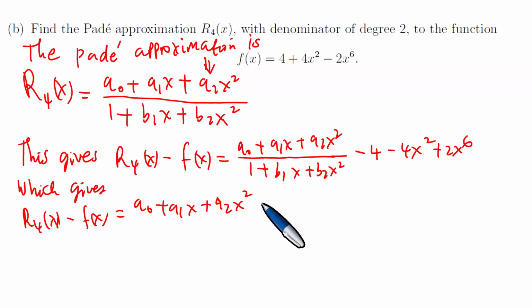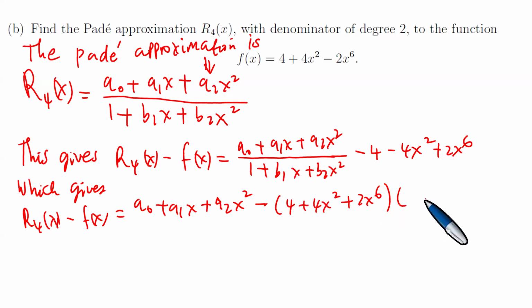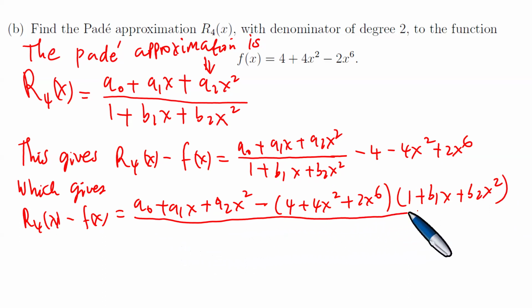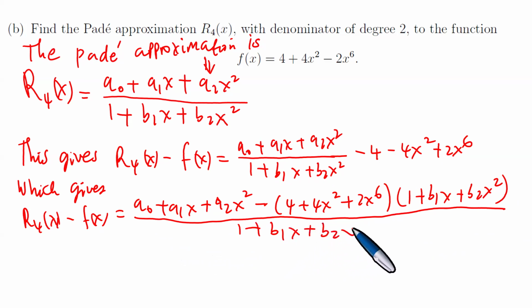If need be, can put a minus like this, 4 plus 4x squared minus 2x to the 6th power, multiplied by the denominator, taking the LCD, which is 1 plus b1x plus b2x squared, all over the common denominator, 1 plus b1x plus b2x squared. Just like so.